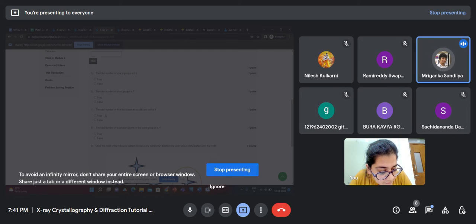If we consider each x axis, y axis, and z axis, then we have one fourfold axis in each of the axes. So in a cubic unit cell there are three fourfold axes.